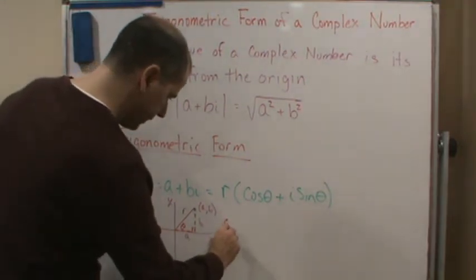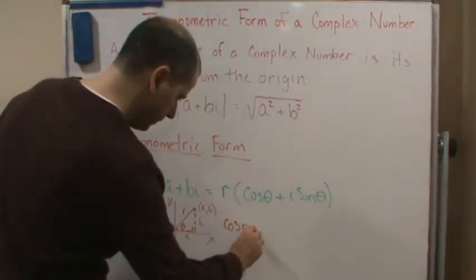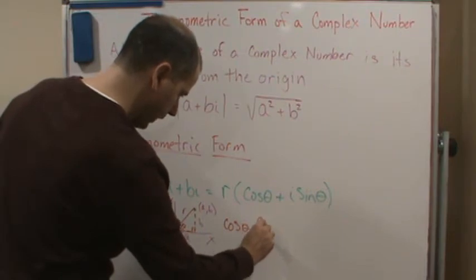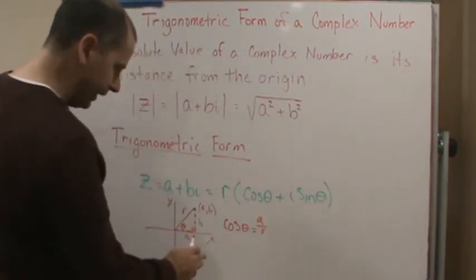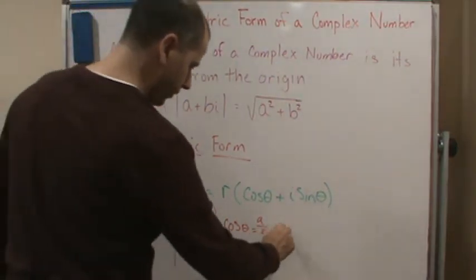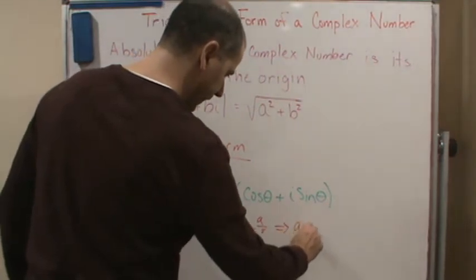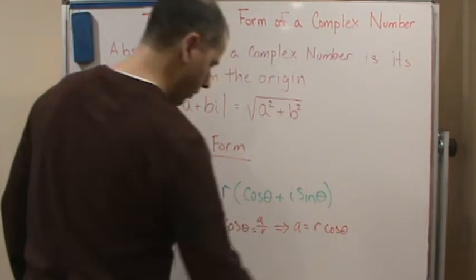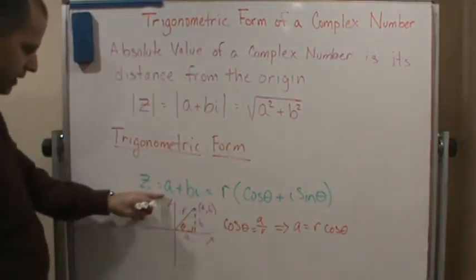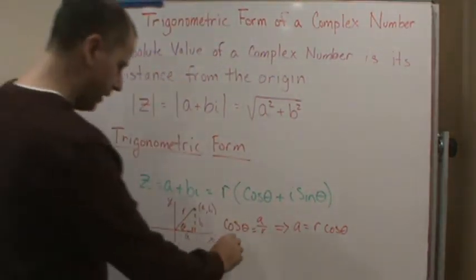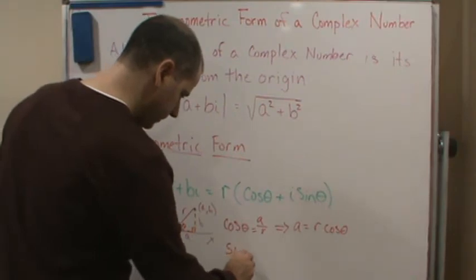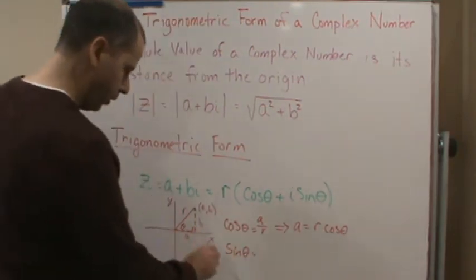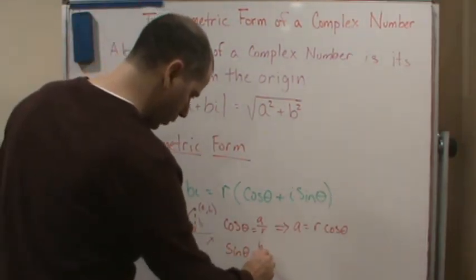And so now if I go cosine theta, that's going to be adjacent over hypotenuse, so cosine theta equals a over r, which means a equals r cosine theta. So there's my first substitution. And then sine theta is opposite over hypotenuse, so that's b over r.